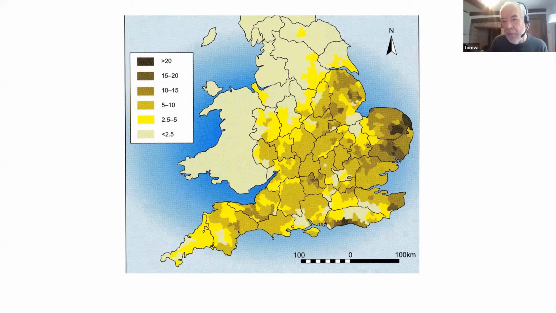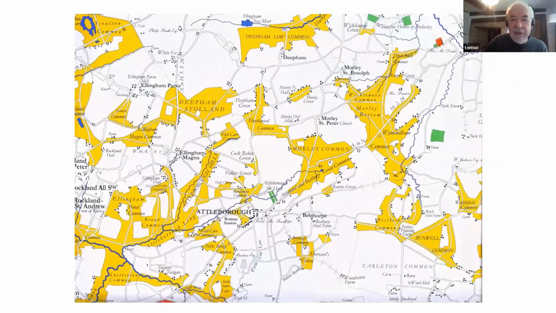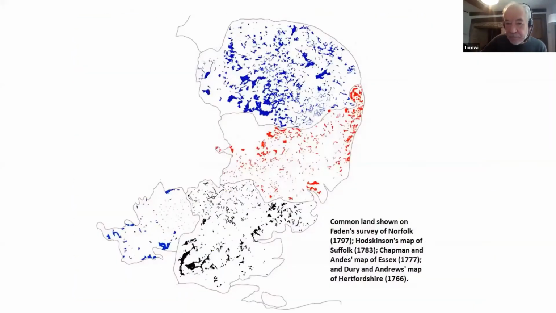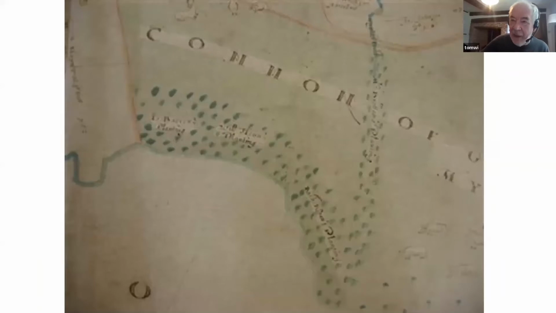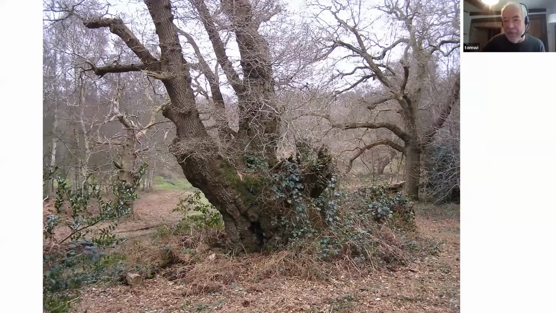In Norfolk, we had all these extensive commons, and you can see the density there of Norfolk common land, and some indeed were wood pastures. We picked them up on 17th century maps. There were open grown trees here. Even on the heathlands in the east of the county, west of the county, we find the remains of wood pastures.